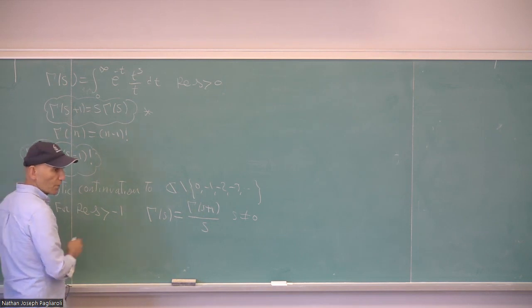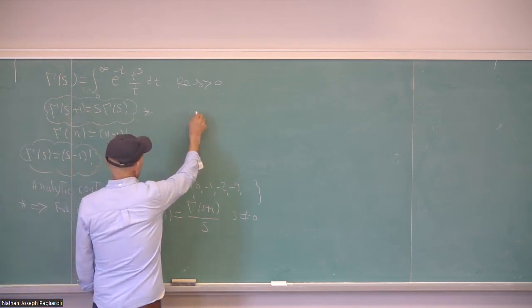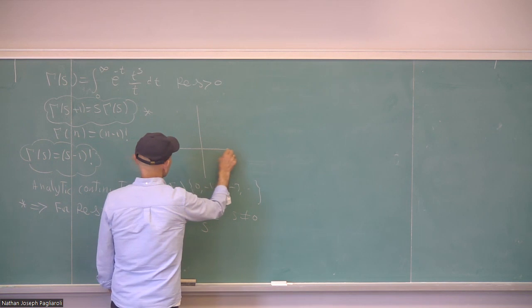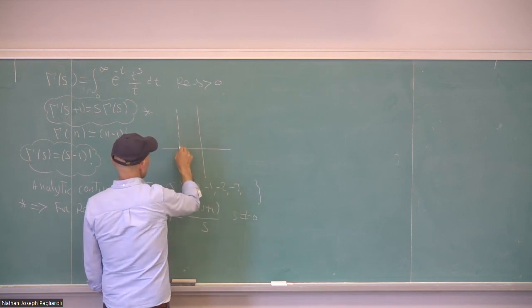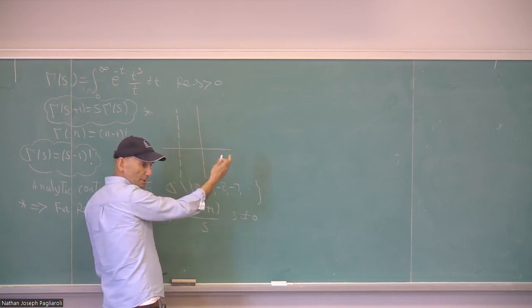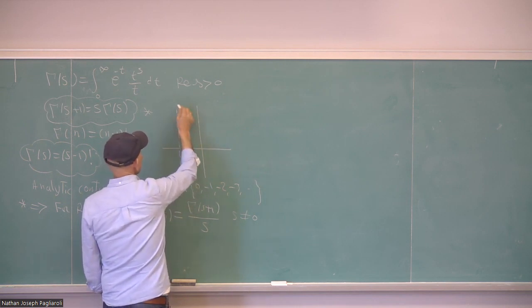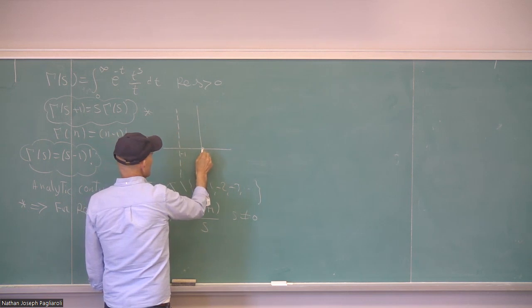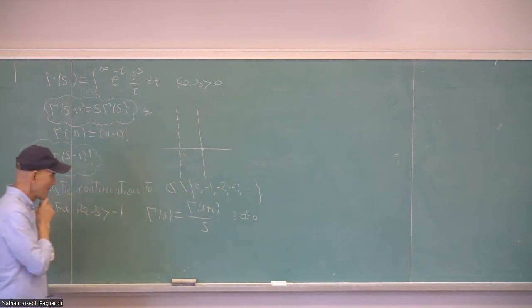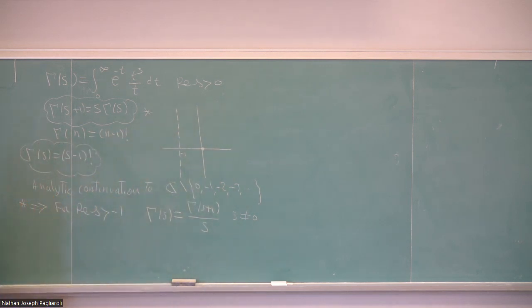Now let's see. What we did so far, we extended the domain of gamma to everywhere to the right of the line real part of s equal to minus 1, except at 0.